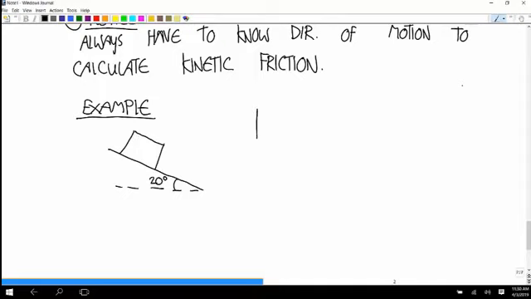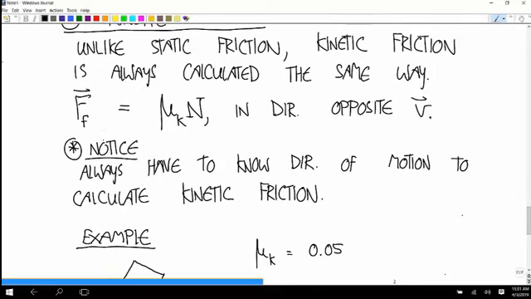And let's say that the coefficient of kinetic friction is equal to, let's make it small, 0.05. What are the units of coefficient of kinetic friction? No units. Both of those coefficients have no units. You can see that from the equation for the force. The force of friction is in newtons, normal force is in newtons, and so this has to have no units.